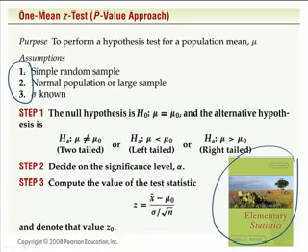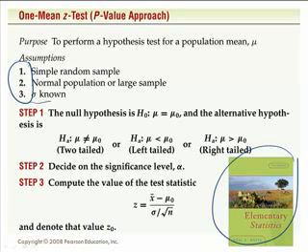Our 3 assumptions are the same assumption we should have for every single hypothesis test, that we collected a simple random sample. Also, number 2 is very common for hypothesis tests. We have either a normal population or a large sample size. And what that ensures is that our distribution of sampling means is normally distributed if we have one of those 2 things.